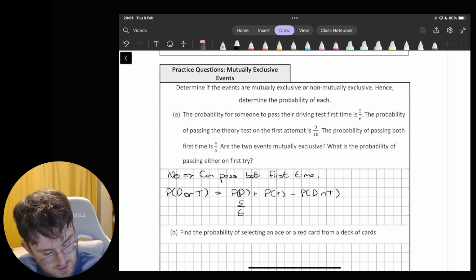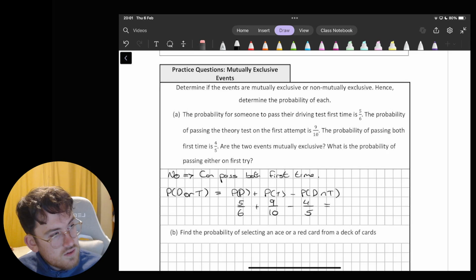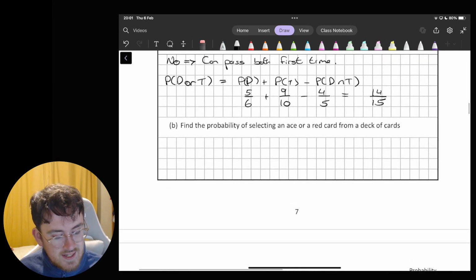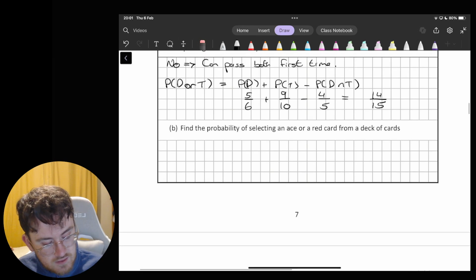So that's 5/6 plus 9/10 minus 4/5, and that gives me an answer of 14/15 there.